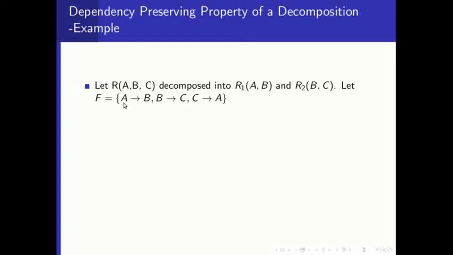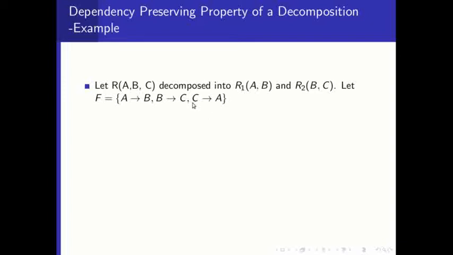Here there is an FD A determines B, which definitely belongs to this relation, and an FD B determines C, which belongs to the second relation. And what about C determines A? C is not in this decomposition, and A is not in this decomposition. Therefore, what about C determines A?